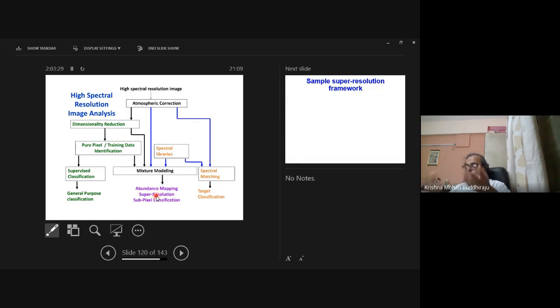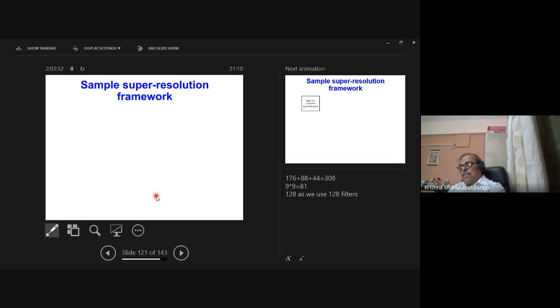So I can then simulate a higher resolution version of the image, where there are no mixed pixels. That is called the super resolution problem. Okay, so these are the research areas with hyperspectral data.